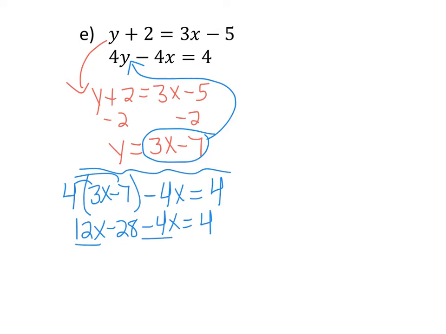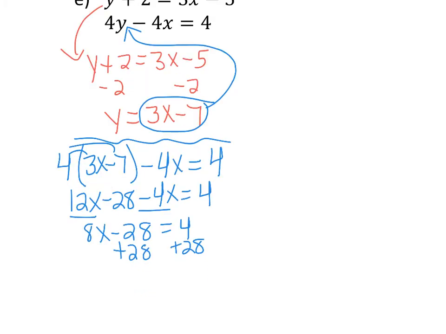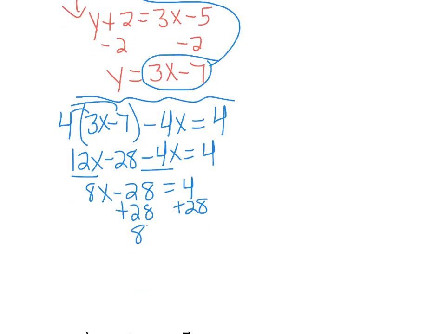Combine your like terms. 12x minus 4x is 8x. 8x minus 28 equals 4. Add 28. We get 8x equals 32. Divide by 8. And we get x equals 4.